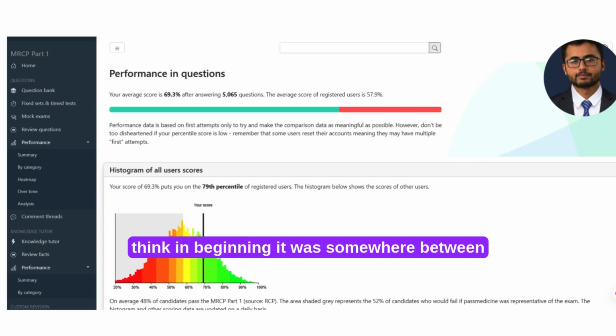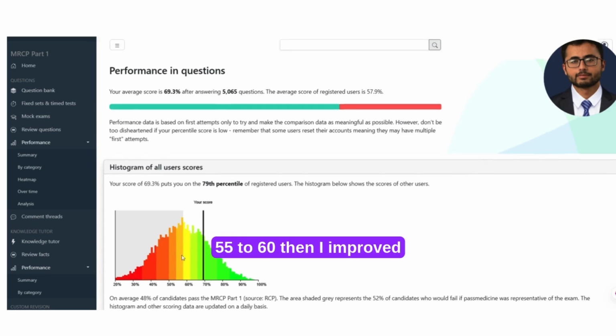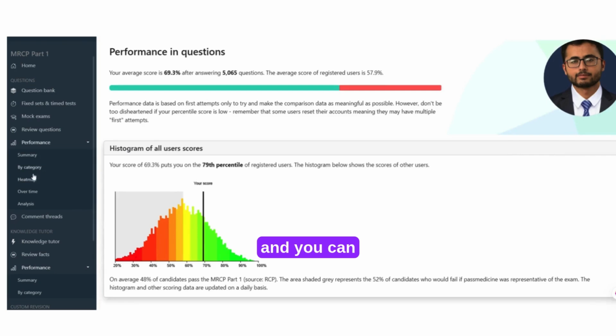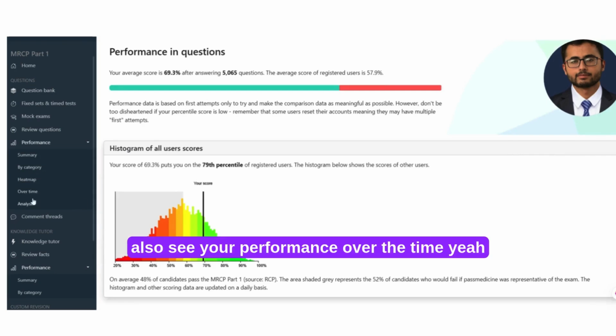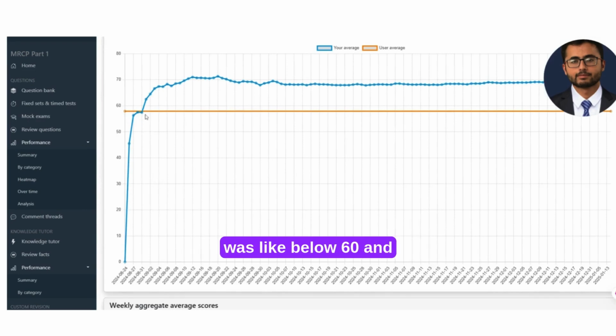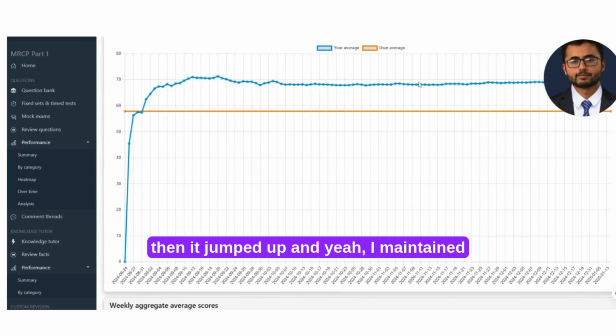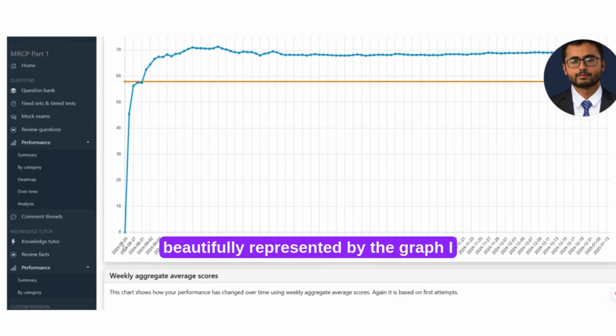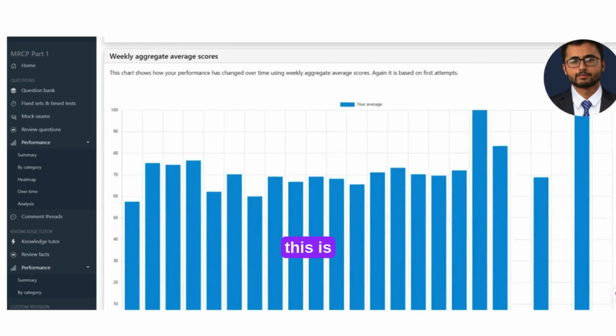I think in the beginning it was somewhere between 55 to 60, then I improved. And you can also see your performance over time. You can see in the beginning it was below 60, and then it jumped up, and ultimately I maintained about 68%. They are very beautifully represented by the graph. I started doing the questions on the 24th of August, and I took my exam on the 22nd of January.